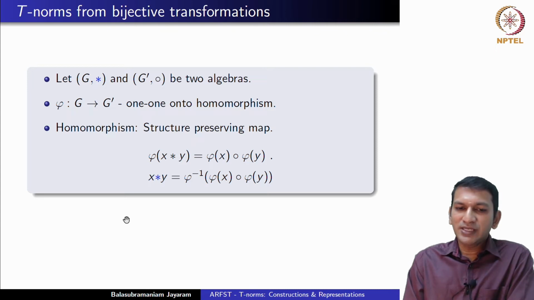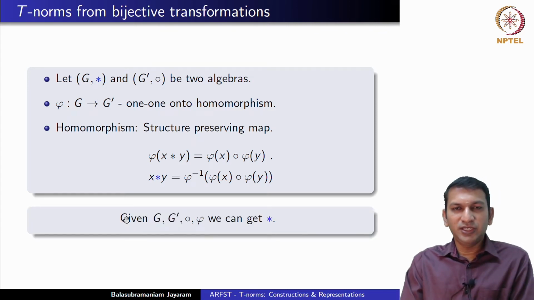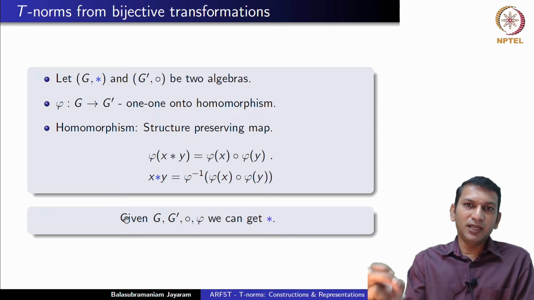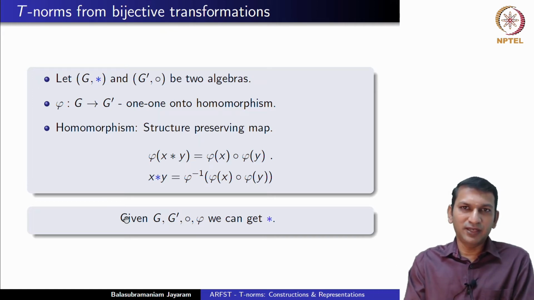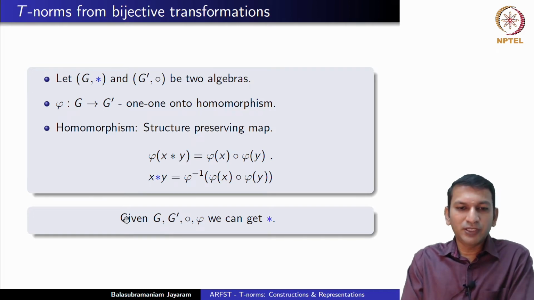Now, what we see is, if you are given G and G dash and an operation circle on G dash, which makes it a particular algebra, and if we know that phi from G to G dash is a one-to-one onto homomorphism, that means it preserves the structure, whatever structure that circle imposes on G dash, then the star operation on G actually can be obtained as the above formula.